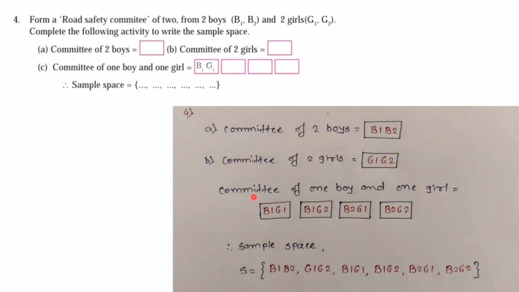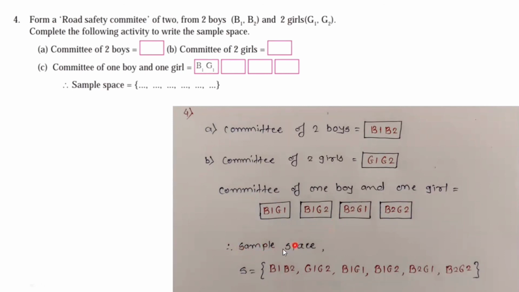If in a committee we take 1 boy and 1 girl, it may be B1, G1 or B1, G2 or B2, G1 or B2, G2. So in this way we can make 4 committees under the heading committee of 1 boy and 1 girl, as each of these has 1 boy and 1 girl.